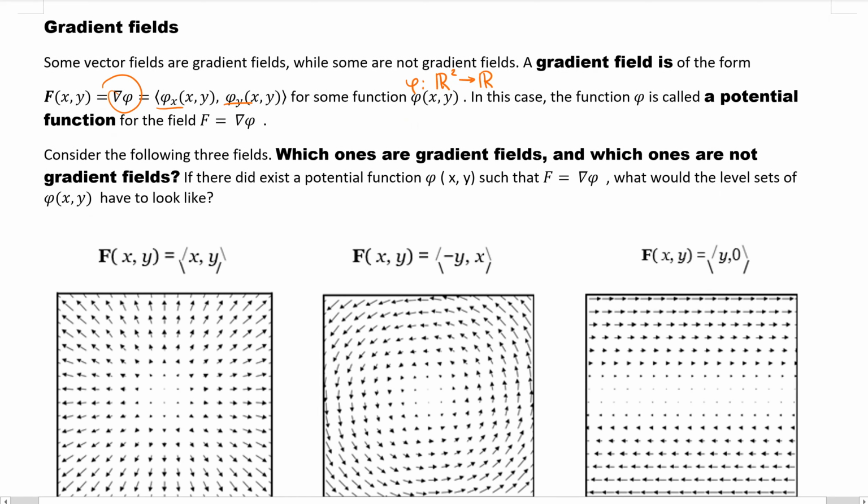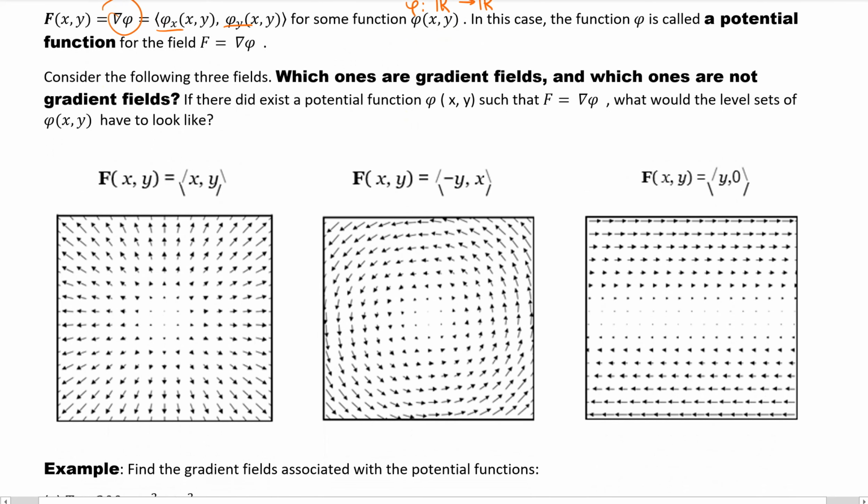All right, let's look at the first one. Let's suppose it is a gradient field. What is special about a gradient field? Well, the first coordinate is the partial derivative with respect to x, and the second coordinate is the partial derivative with respect to y.